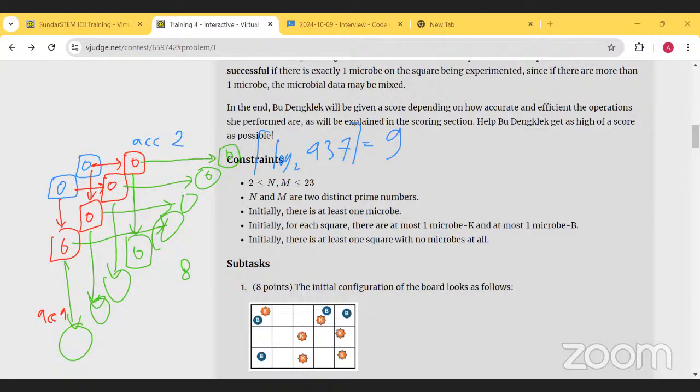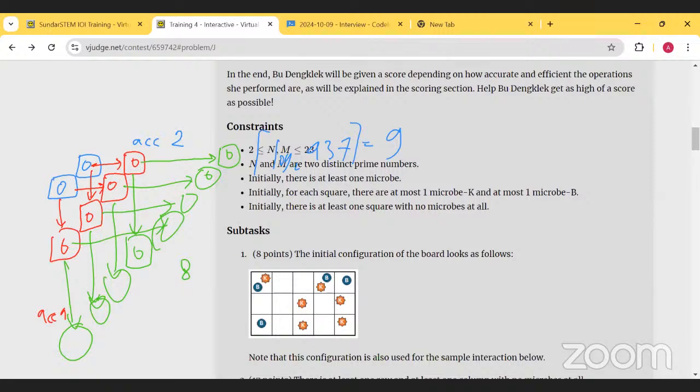After we accelerate, yes, of course. So here is not always 0. If it is 0, then just leave it 0. But if here is still 1, then we can make sure that here is only 1 microbe, not more than 1. So we can just experiment here so that the cell will be empty.